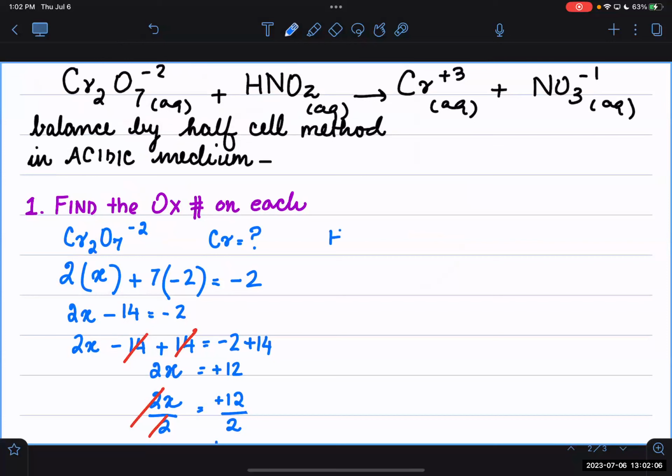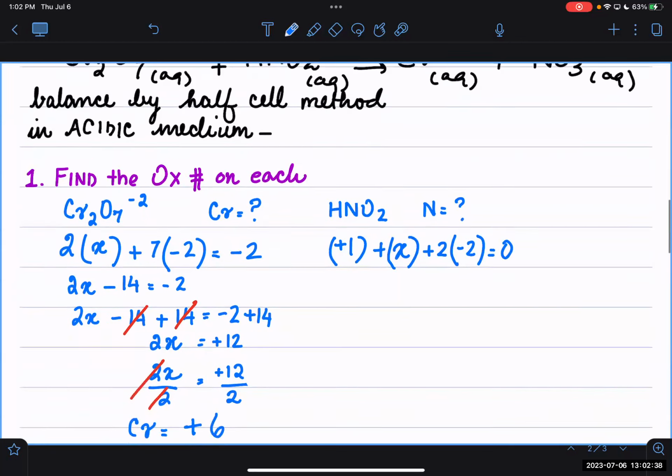Next is HNO2. So let's get it for HNO2 also. Remember nitrogen also can vary. Hydrogen is always +1, right? Plus X for nitrogen, plus 2 times what for oxygen? What's the oxidation number of oxygen all the time? -2. And then the sum total of the oxidation numbers in this case is going to be 0, because this is a neutral species.